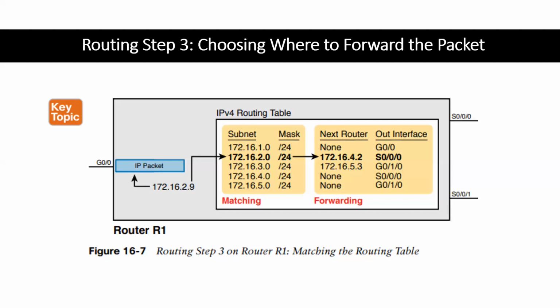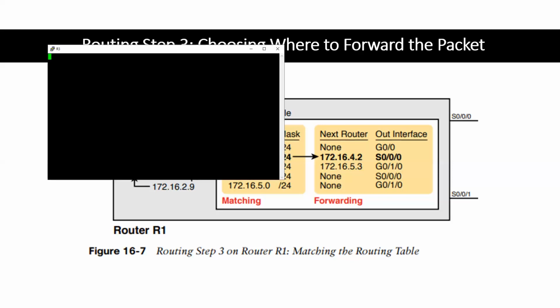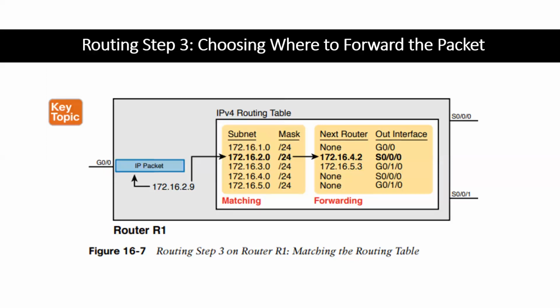When it says it's matching in the routing table, is it just saying, okay, I see that it's part of this subnet, however, in order to get to that subnet, the next hop you need to reach first is this one right here, which is 172.16.4.2?